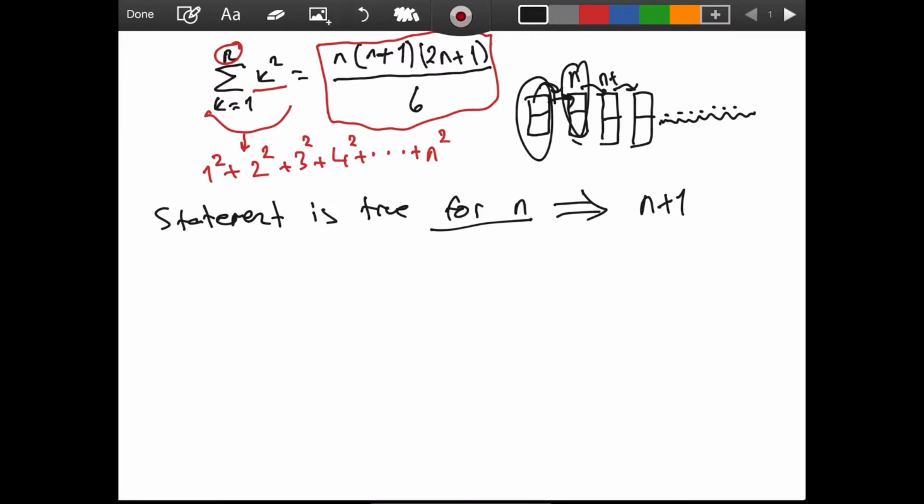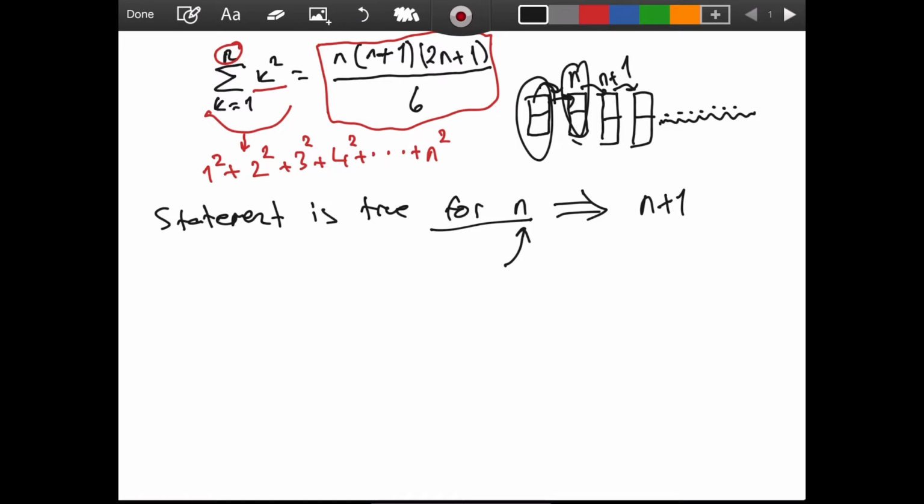And how can we use this to actually prove the given statement? Well, to start with, we first need to find an n. We will find a number for which the equation that I have just written is correct. So let's see if the equation is correct for 1.